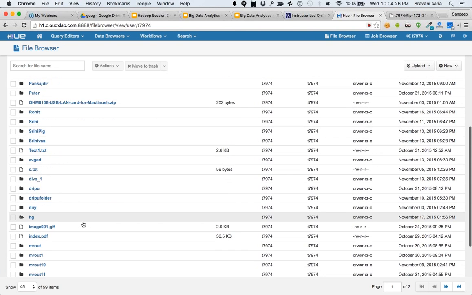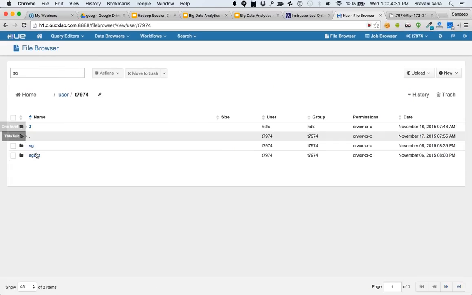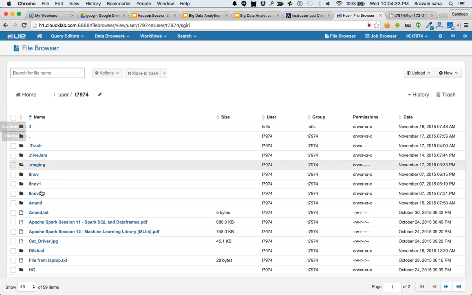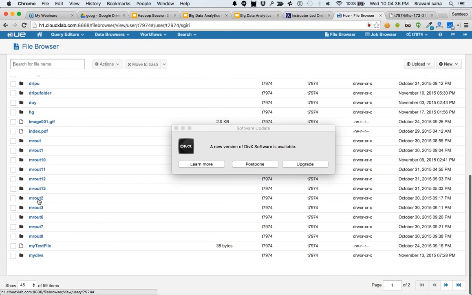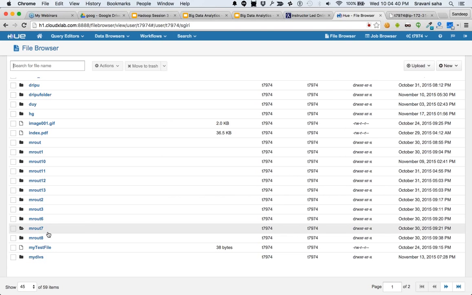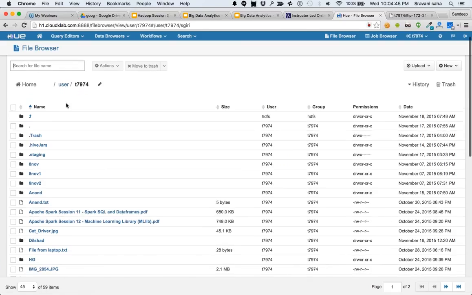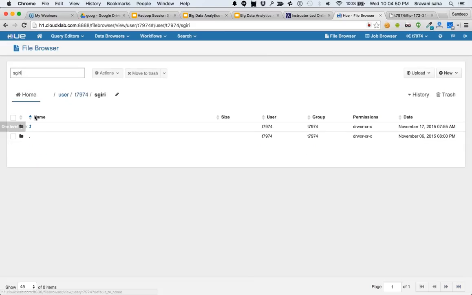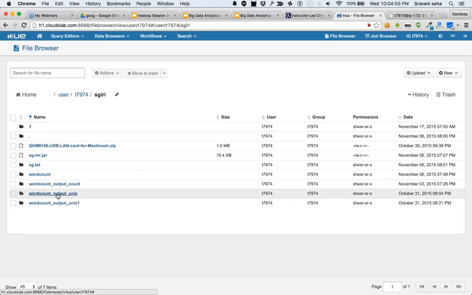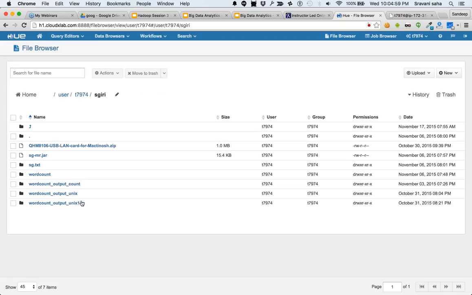Here I'm inside asgiri. There was an asgiri folder, right? Oh, I was already inside asgiri. So here you can see word count output unix. This is already there, that's why it's giving an error.